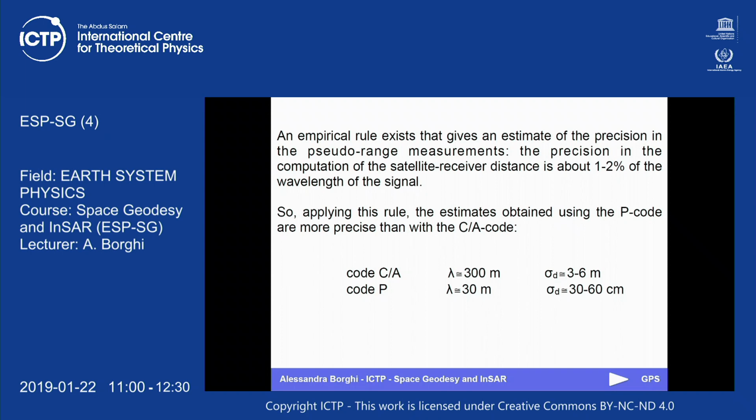We are speaking about a periodic signal, so a sinusoidal signal, because it's an electromagnetic wave. So we can draw it.